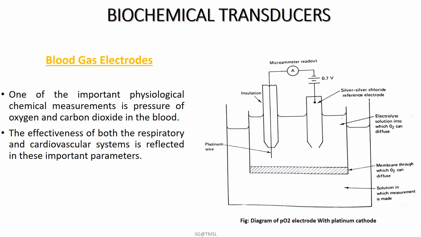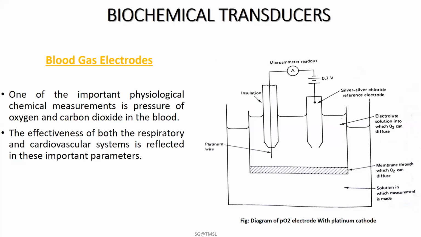Now coming to the next electrode, which is called the blood gas electrode. Among the more important physiological chemical measurements are the partial pressures of oxygen and carbon dioxide in the blood.